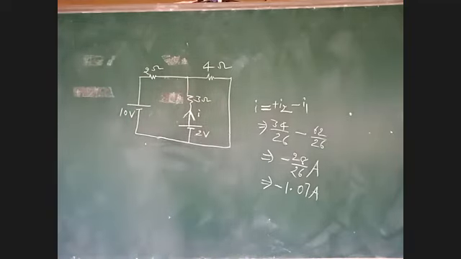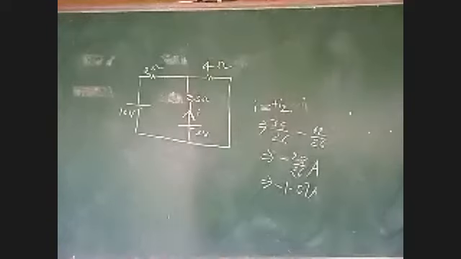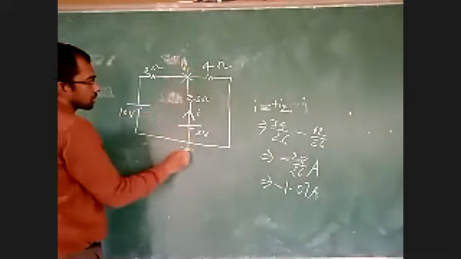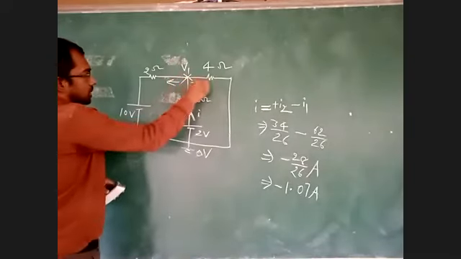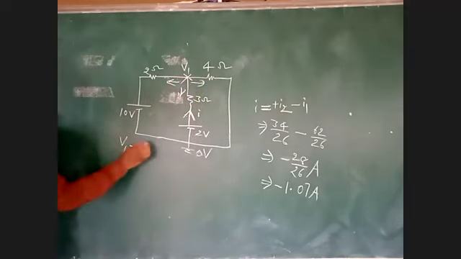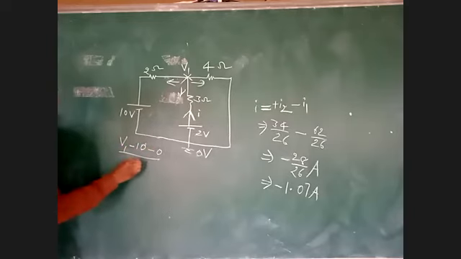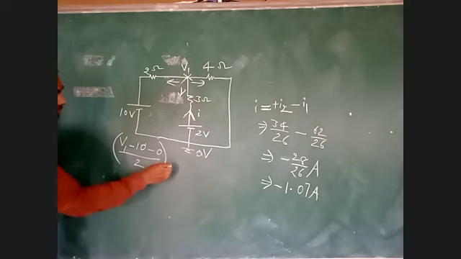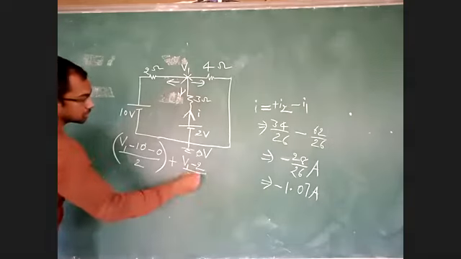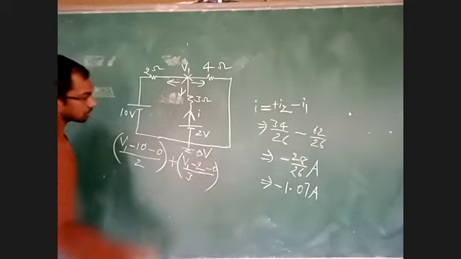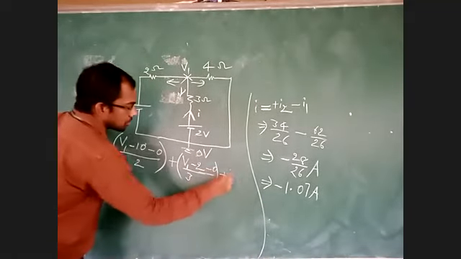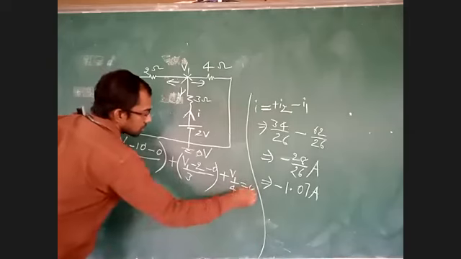How many nodes are there? One. Okay. Assume all the currents are leaving the node point for determining node voltage. That is (V1 minus 10 minus 0) by 2 plus (V1 minus 2) by 3 plus (V1 minus 0) by 4.